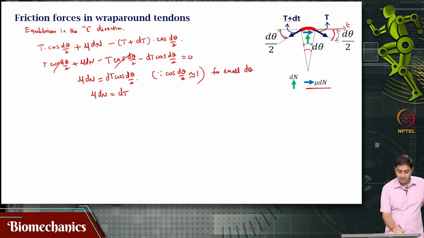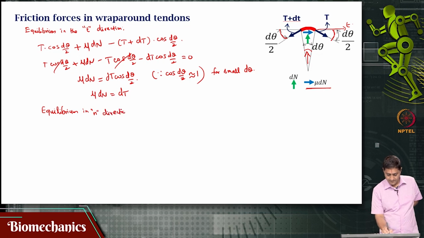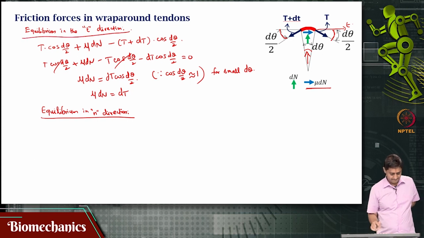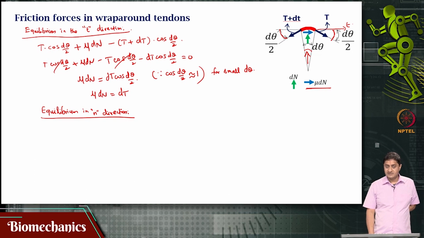Okay. Now, let us discuss equilibrium in the n direction. That is the n direction, is it not? Let us write out all the things that are there in the n direction.